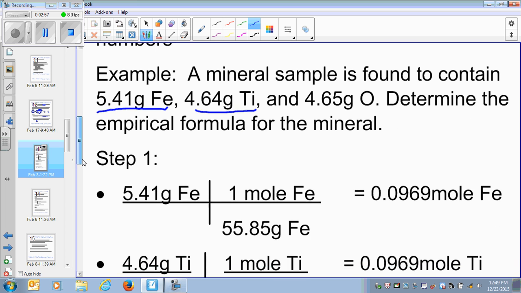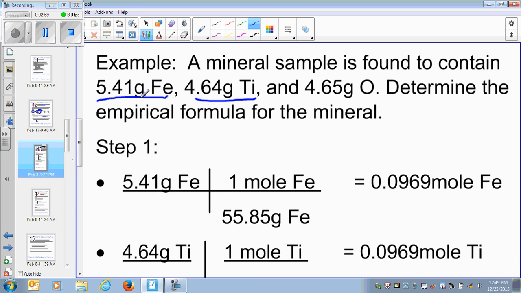My first step is to convert my grams into moles. We just learned in the previous lesson how we convert grams into moles. So I start with my given 5.41 grams of iron, divide by the molar mass that I get from the periodic table, which is equal to 1 mole.